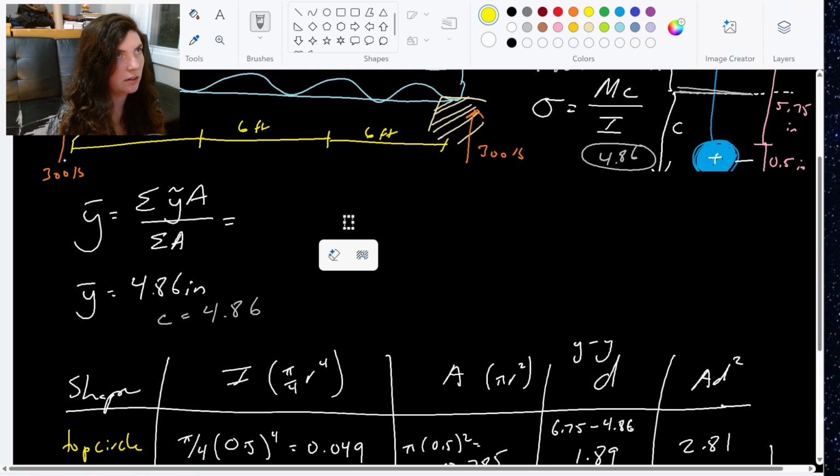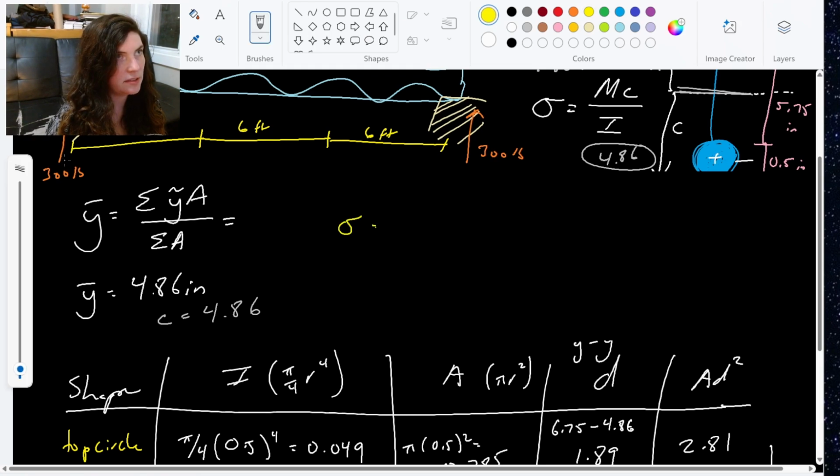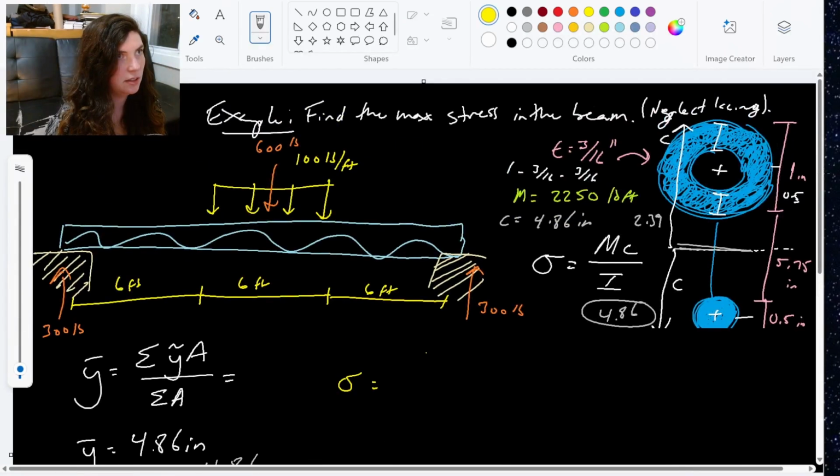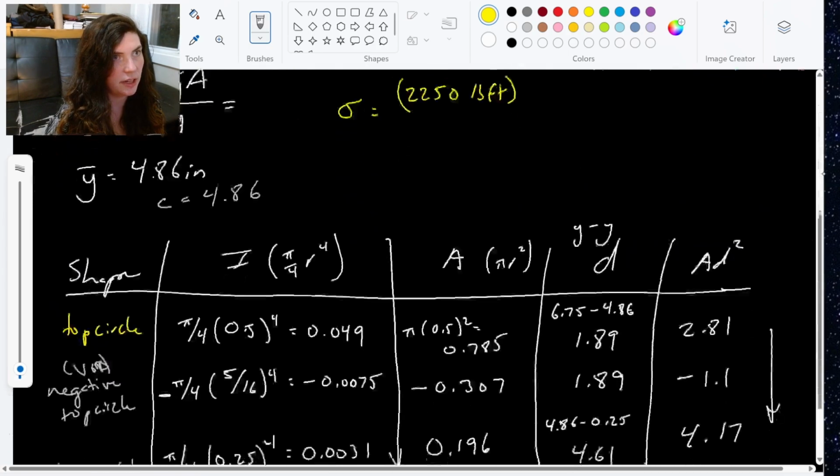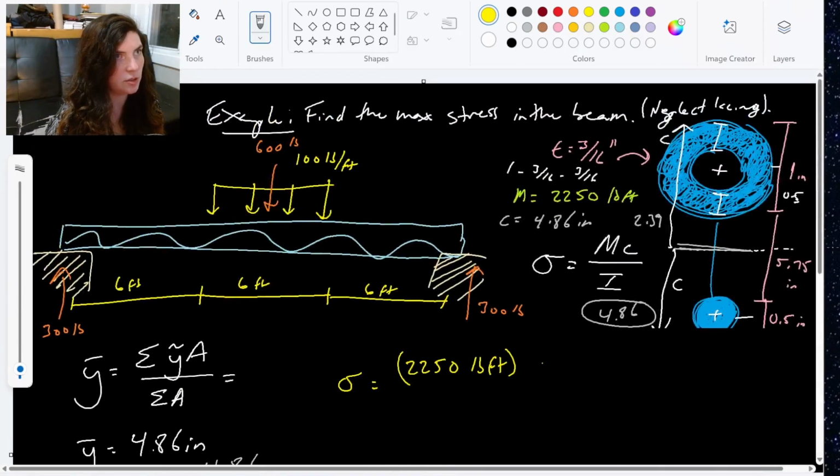So our max stress is going to be, let's see, 2250 pound-feet. I think all my other things were in inches, right? Yeah, everybody else is in inches, so I'm going to include a conversion in here.